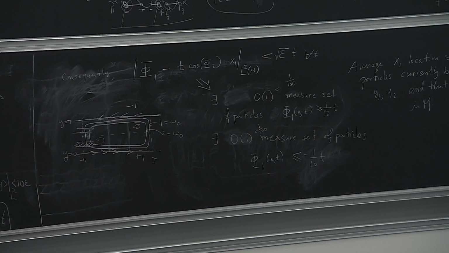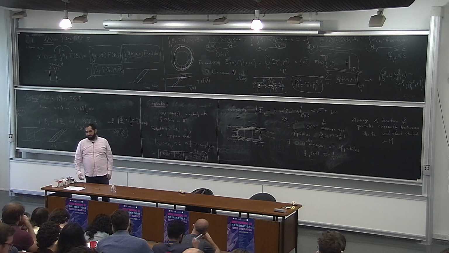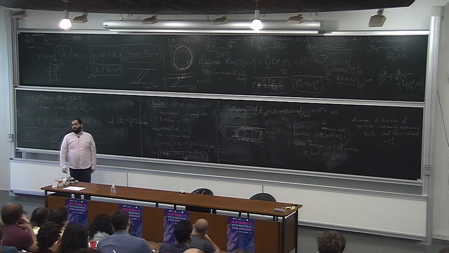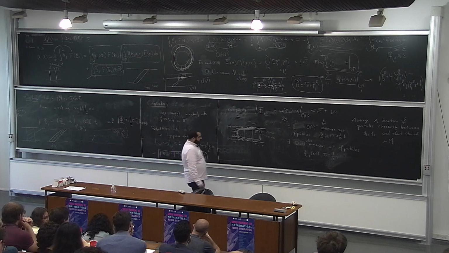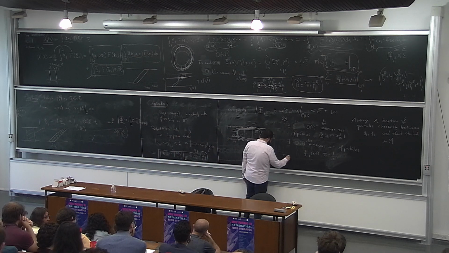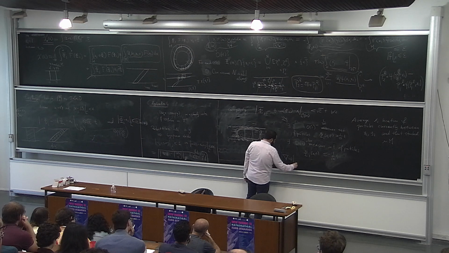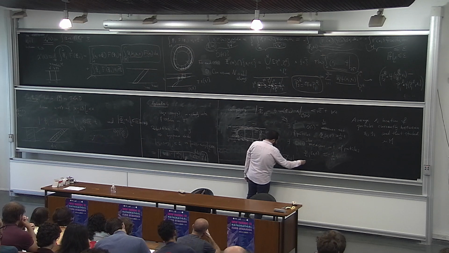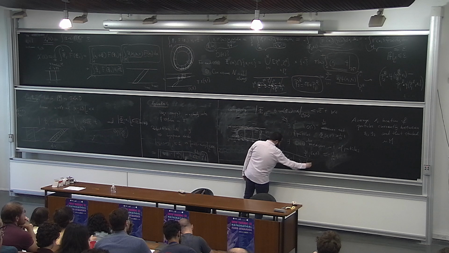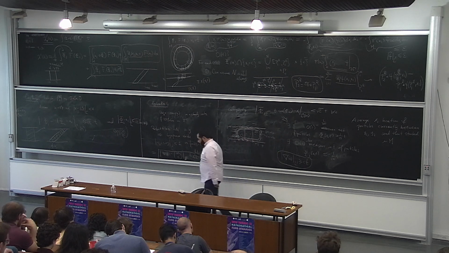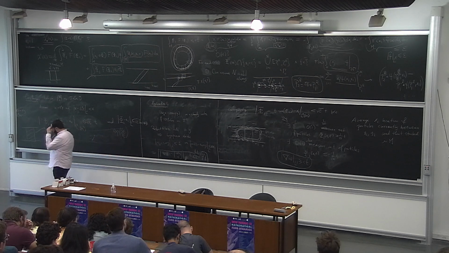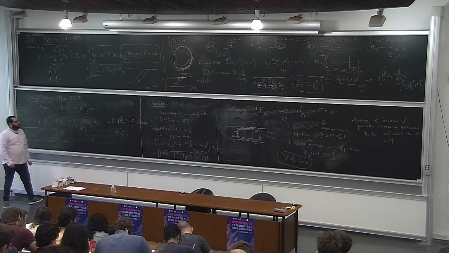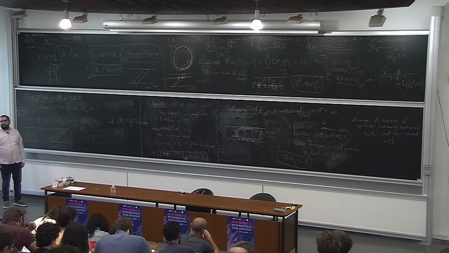Because the area of the inside is preserved and it's almost the whole area. Is that clear? And then you deduce that necessarily the solution itself has to grow, even in L1.